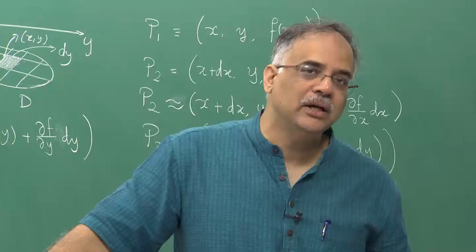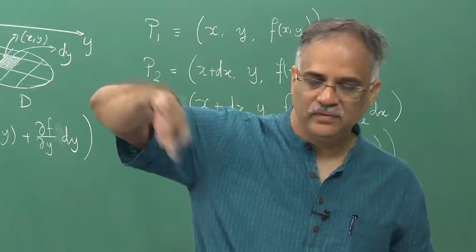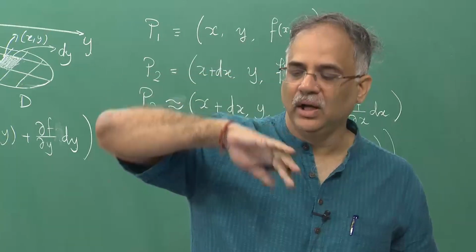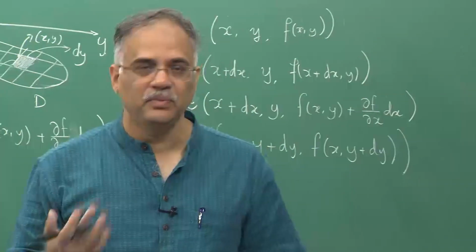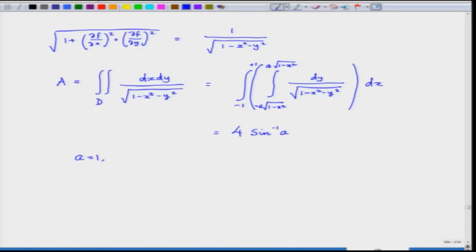So, 4 pi r square is the whole surface area of the sphere, and hemisphere means half of the sphere, so 2 pi. So, when a equal to 1, the area is equal to 2 pi. That is a very general problem where you can use what you have learned to compute the area, and why this actually works is because it returns the value for the sphere that I really know.